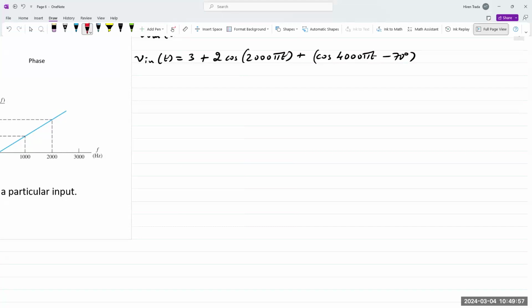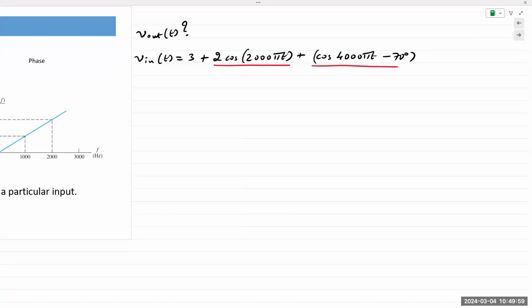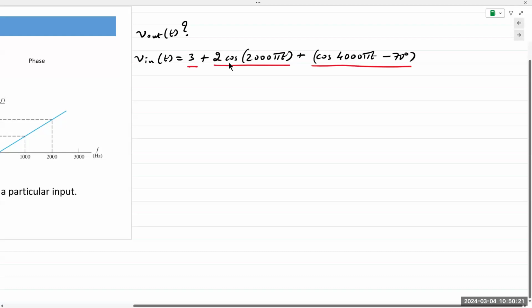There are these two, absolutely. But this is also a component. It's not quite obvious at first glance. This is basically a constant. It's a DC voltage along with the AC component. And we have those in real life also, right?